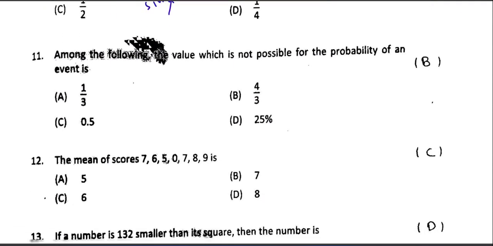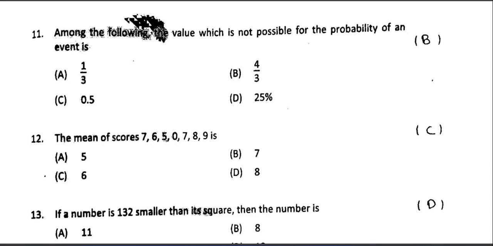Next, the 11th one. Among the following, the value which is not possible for a probability. Probability means the values are 0 less than or equal to 1. Include 0, 1 and between also.